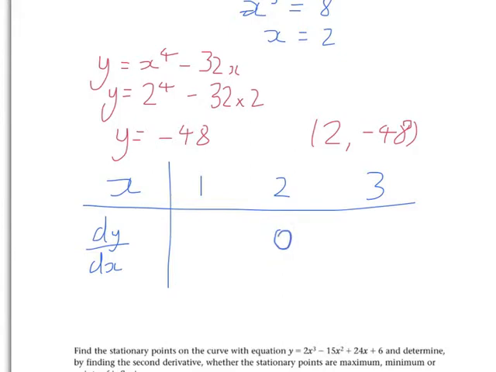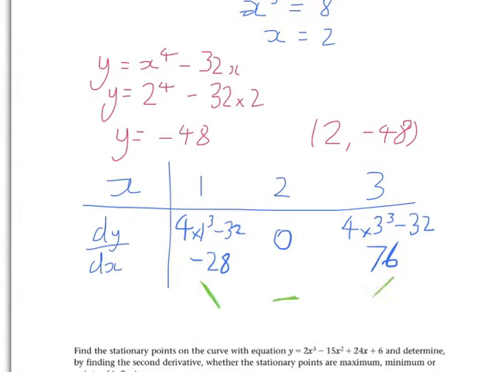If we substitute 1 in, we have 4 times 1 cubed minus 32, which is equal to minus 28. And if we put in 3, we get 4 times 3 cubed minus 32, which is equal to 76. So our gradient here is negative and here is positive, so that means we're going to have a curve like that, which means we've got a minimum.